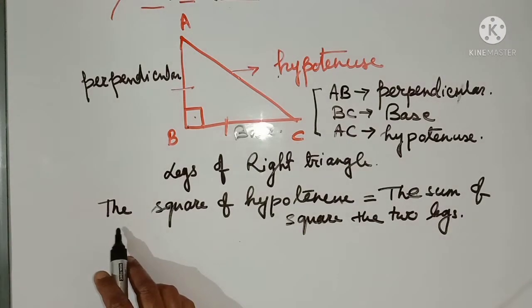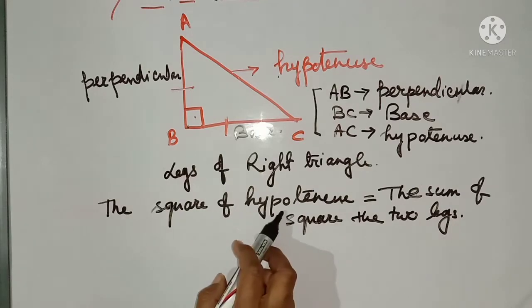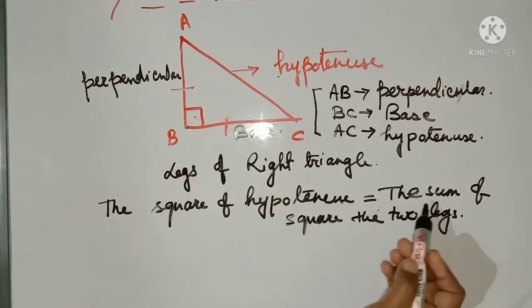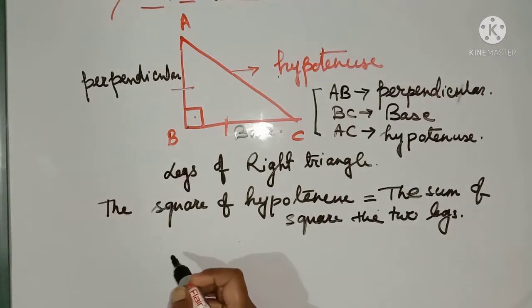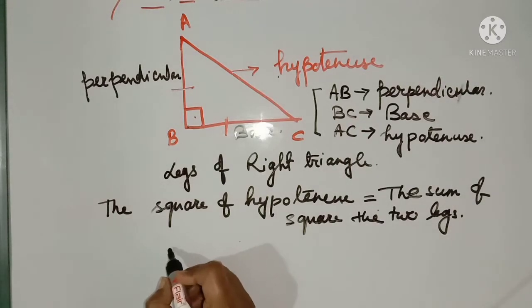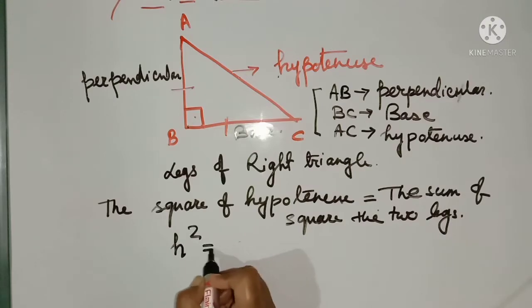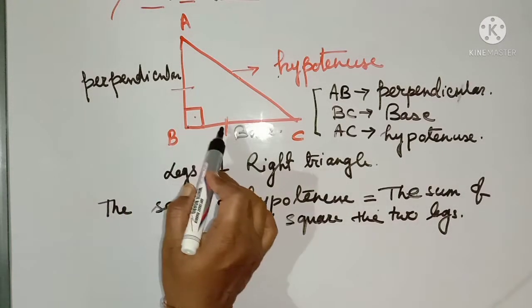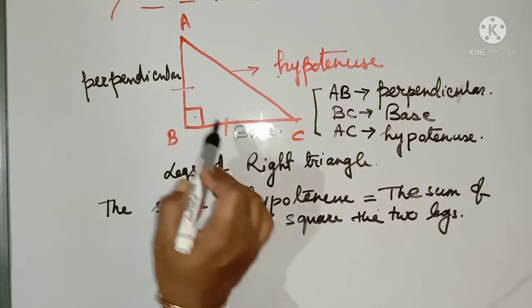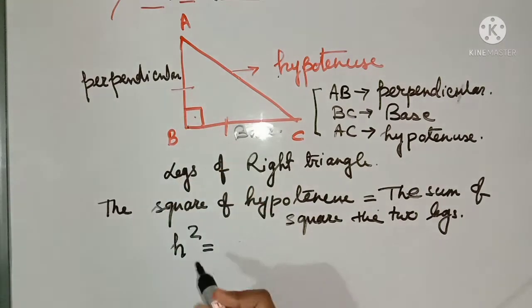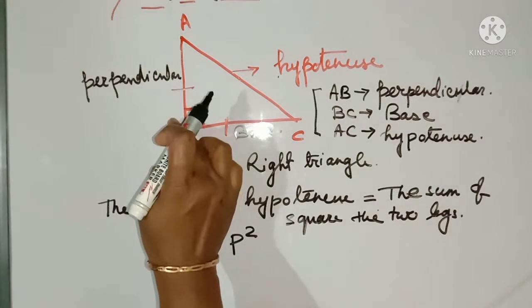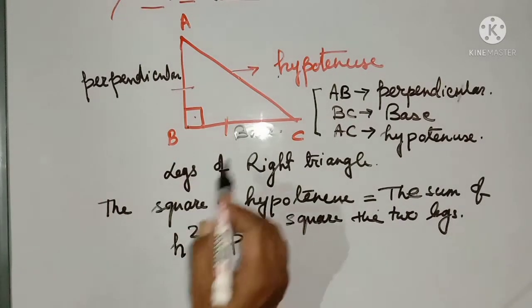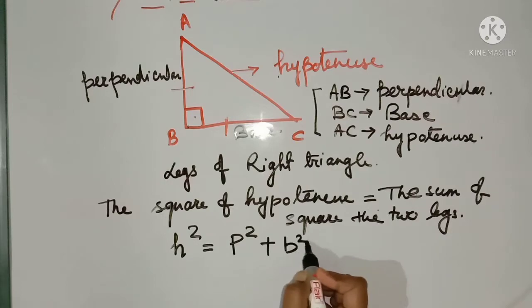Or you can write it as hypotenuse square equal to the sum of the squares of the legs. So you can write: perpendicular is one leg, perpendicular square plus base square.